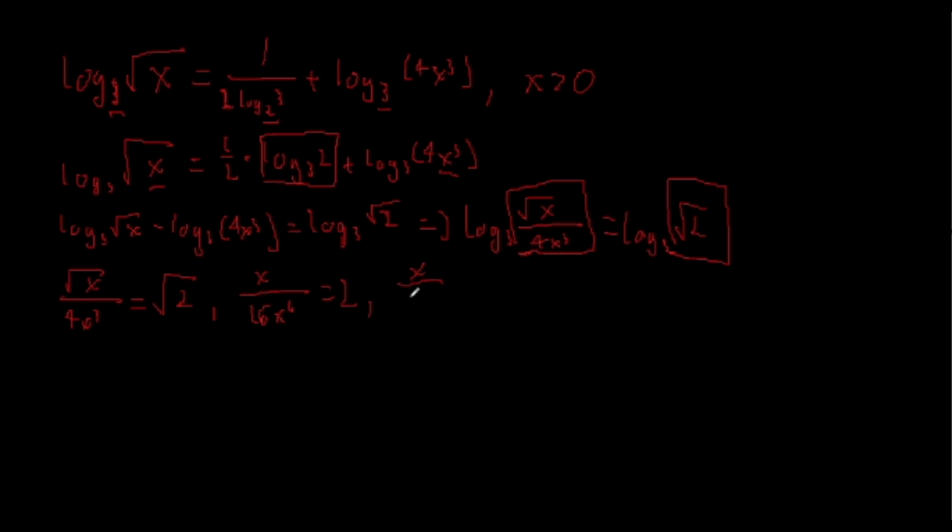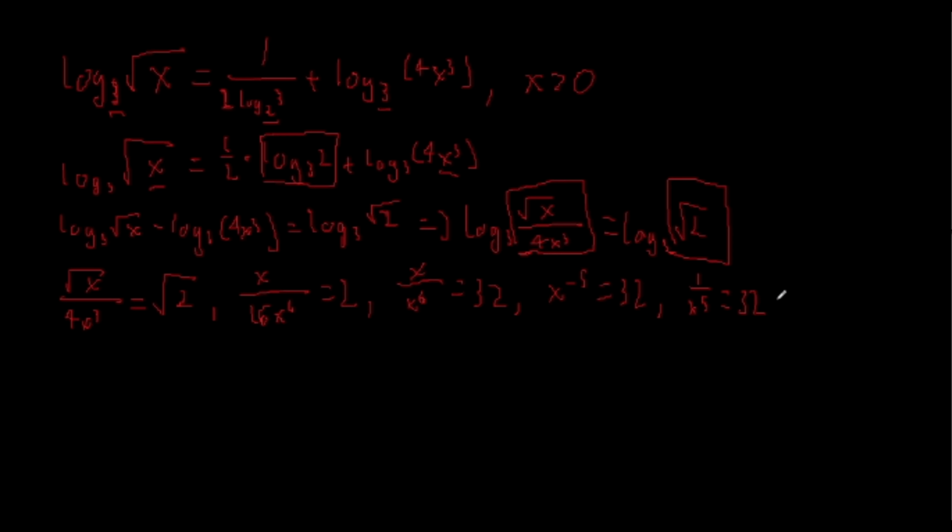So we're going to have x over x to the 6 is equal to 32, and x over x to the 6 is x to the negative 5, so we can say that x to the negative 5 equals 32, and of course x to the negative 5 is 1 over x to the 5, so we're going to say that 1 over x to the 5 is equal to 32.